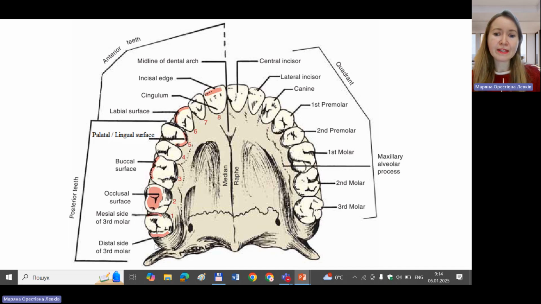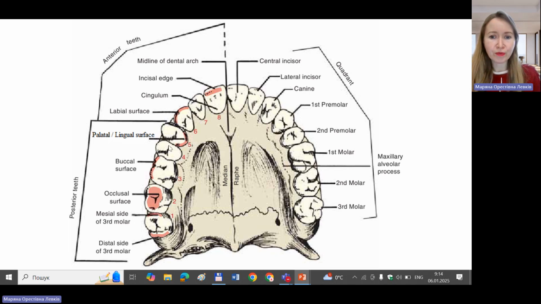The surface that is turned to the lips has the name labial in the anterior group of teeth and buccal in the posterior group of teeth. The surface that is turned to the hard palate or to the tongue has the name palatal for maxillary and lingual for mandibular teeth.